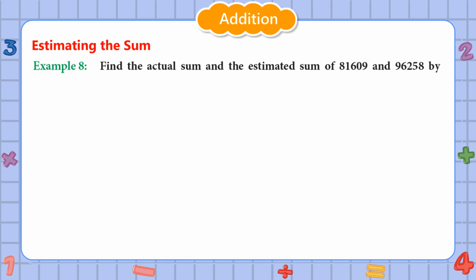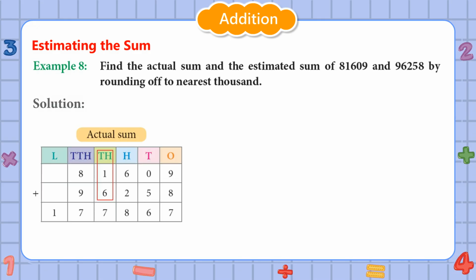Example 8. Find the actual sum and the estimated sum of 81,609 and 96,258 by rounding off to nearest 1000. Solution. Actual sum: 81,609 plus 96,258 is 1,77,867.